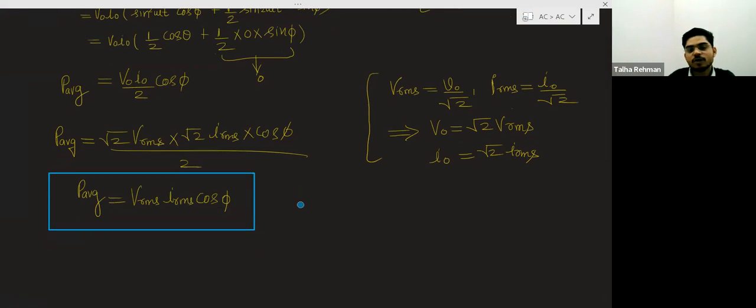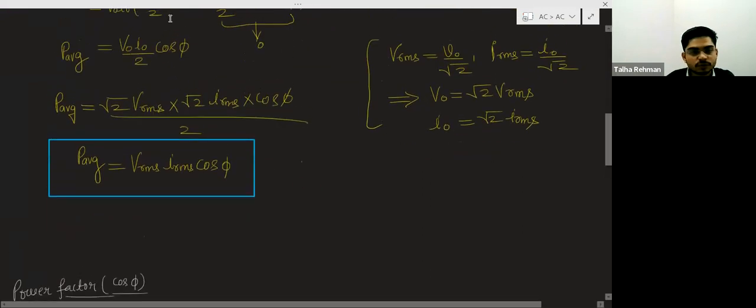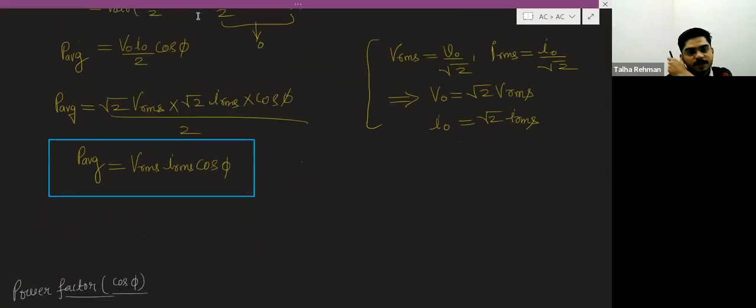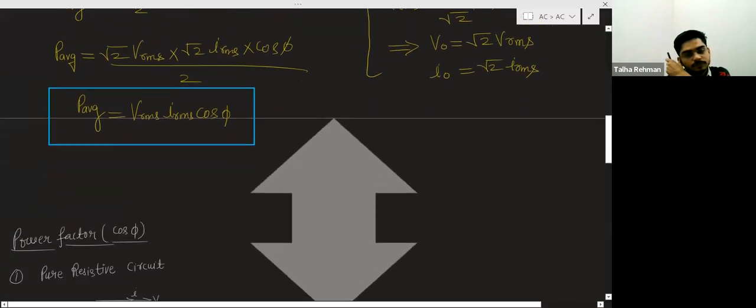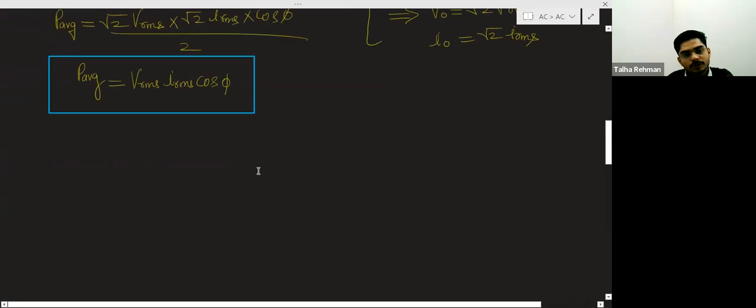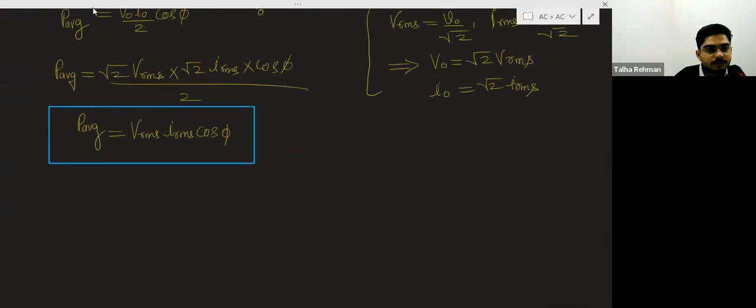Average power. Now I am telling you another method to solve for the average power. That is a very lengthy method, according to me.